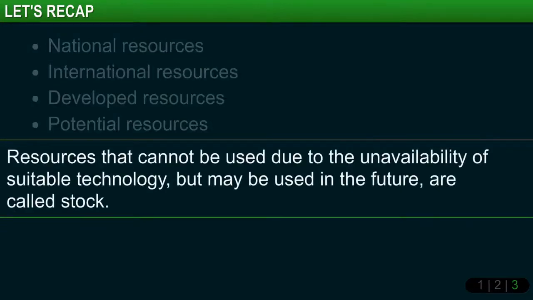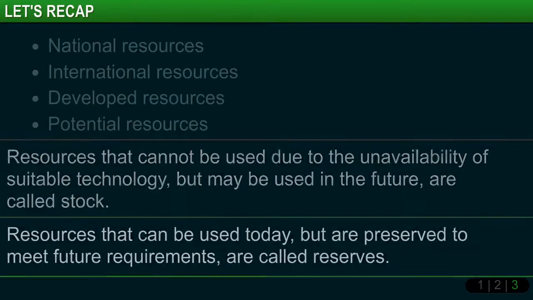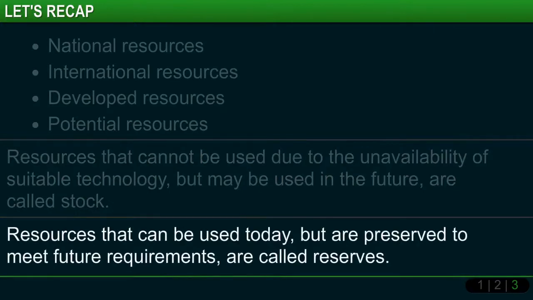Resources that cannot be used due to the unavailability of suitable technology but may be used in the future are called stock. Resources that can be used today but are preserved to meet future requirements are called reserves.